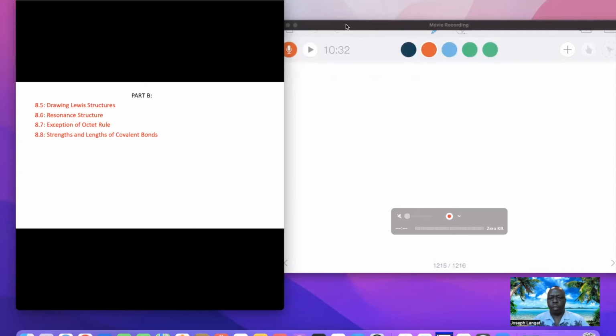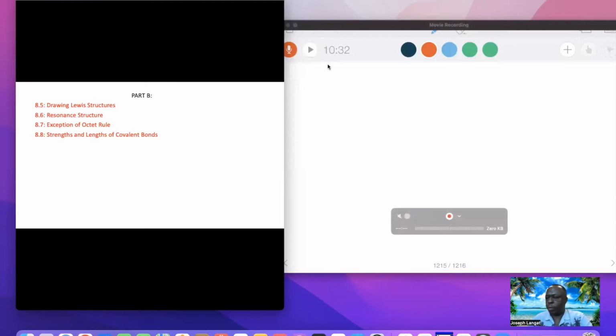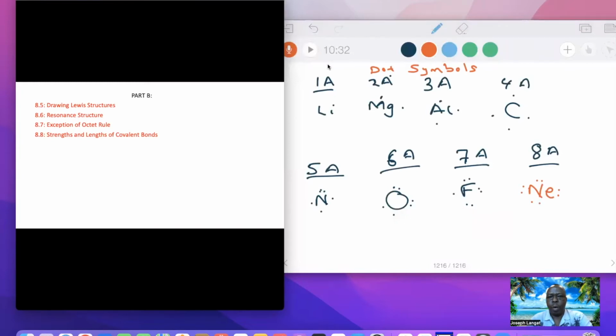So far, in the previous section, part A, we looked at how to draw the dot symbol for main group elements. On my whiteboard, there is group 1A through 8A, just a few elements representing each group.